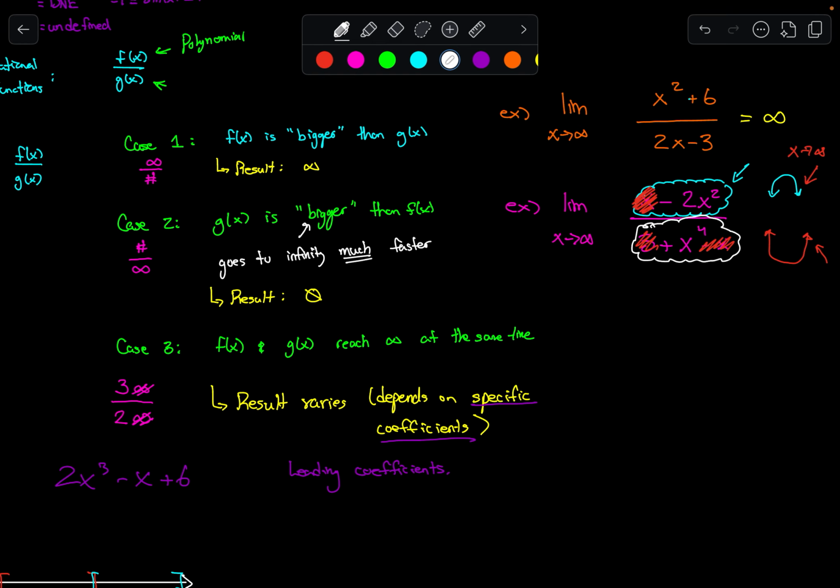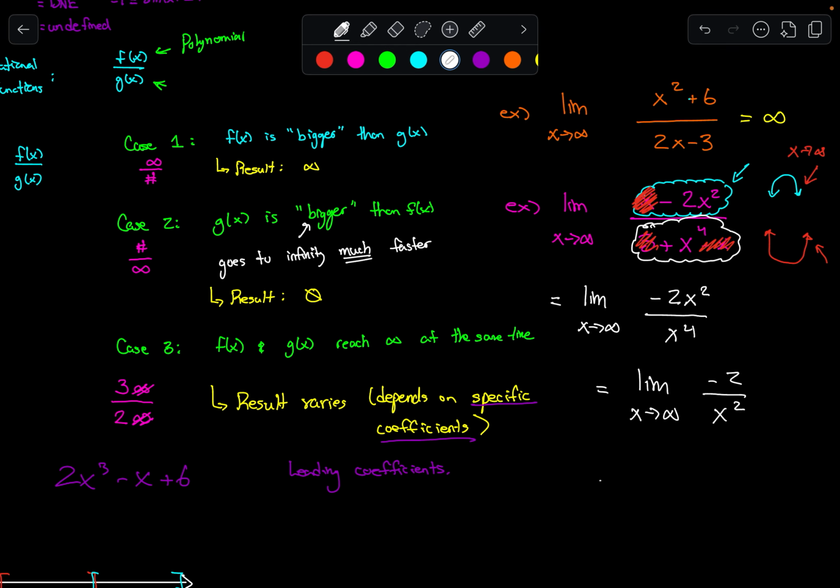That means we're going to get the same thing as if I was evaluating the limit of negative 2x squared over x to the 4th. Again, we can simplify this a little bit before we plug in our x going to infinity. I get negative 2 over x squared.